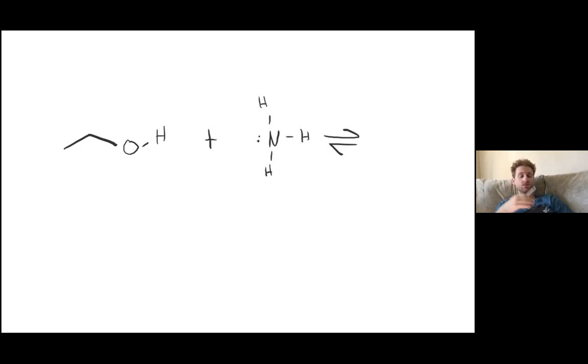There's also some general rules you can follow, and I'll go over those also. In general, an OH is going to have a pKa of roughly 16, and an amine here would have a pKa of roughly 35.